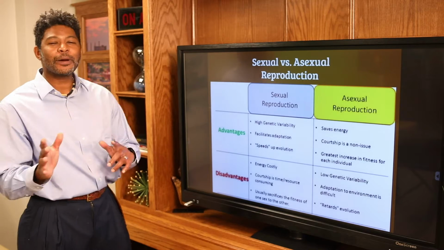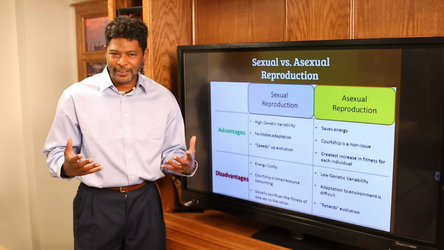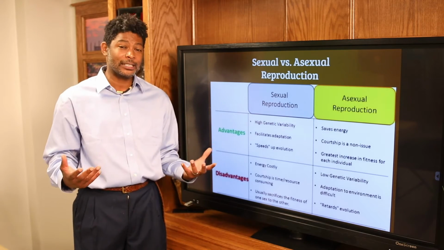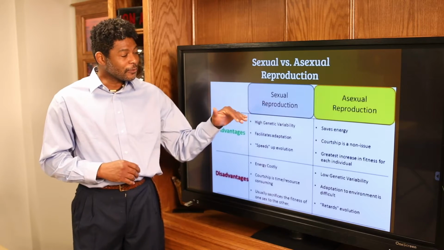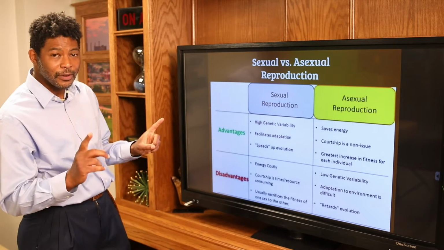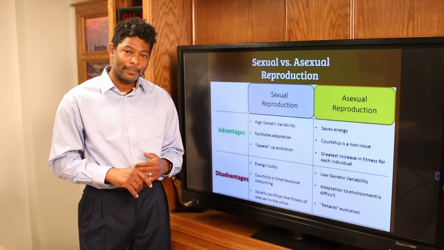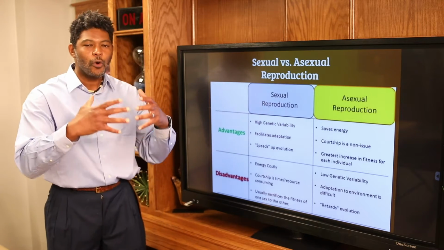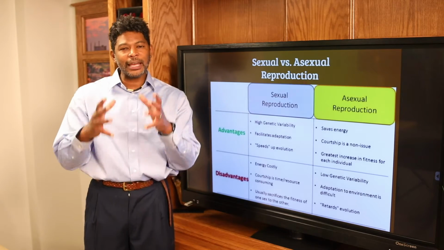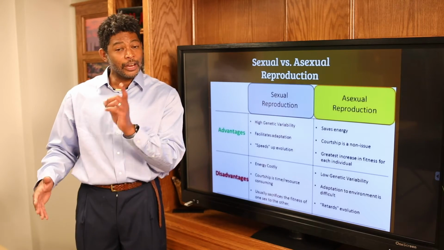Now, let's talk about what are the benefits of both, because there are some pros and cons depending on what you're trying to do. So if you're looking at sexual reproduction, first of all, sexual reproduction allows for high genetic variability. Here's what that means. You don't want every single plant to look the same. Here's why.